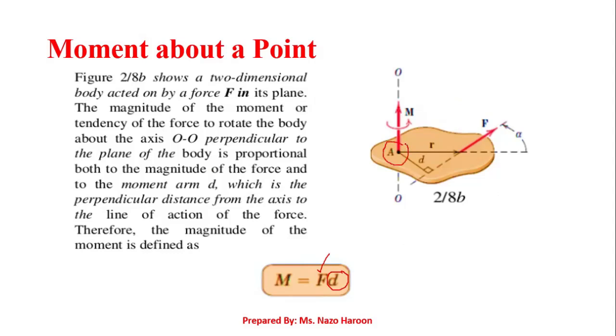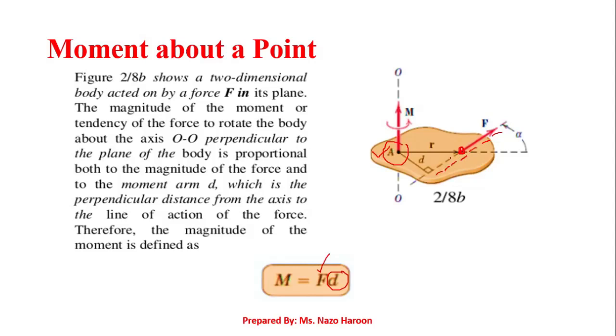For example, let's suppose you have to find the moment about this point A, right? And you have a point of application of force somewhere right here. See? So the line of action of this force would be something like this. If I draw the line of action of the force, it would be something like this.